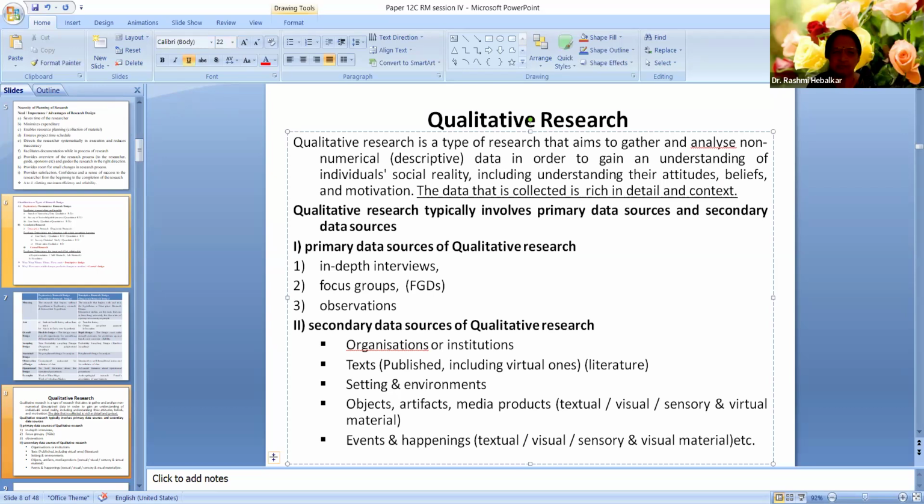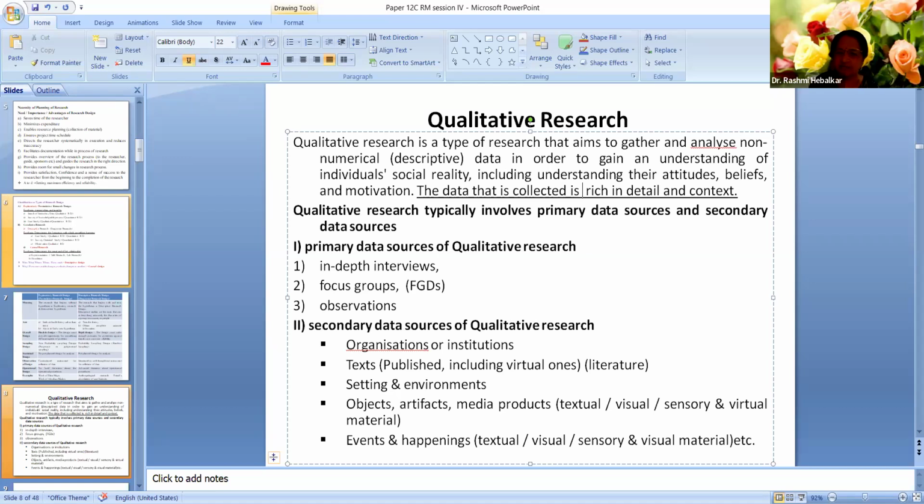And we know primary data, secondary data, both can be collected by qualitative methods. So primary data is collected through in-depth interviews, focus group interviews, and observation. You may find FGD, D is for discussion. FGDs are conducted means focus group discussions are conducted.